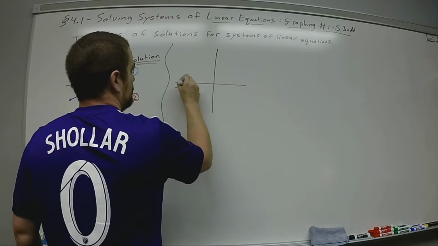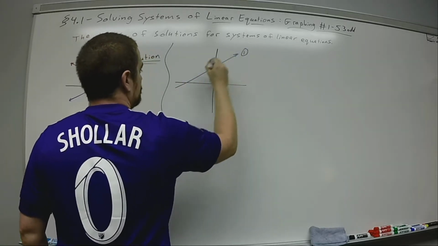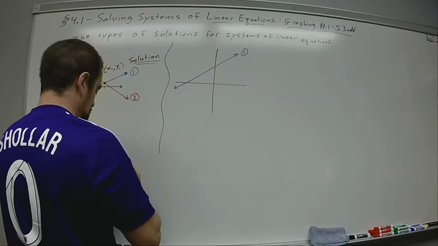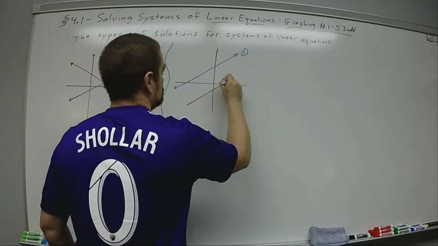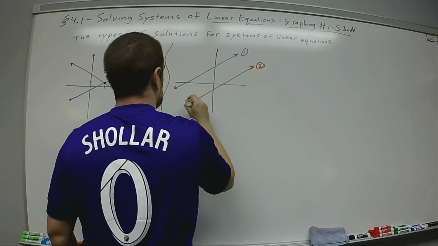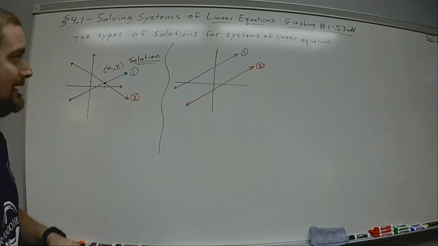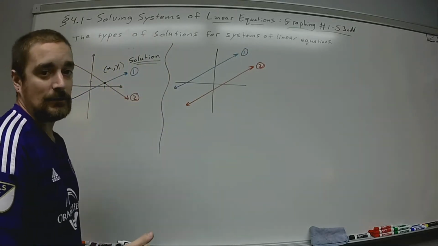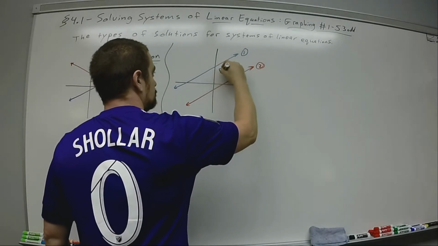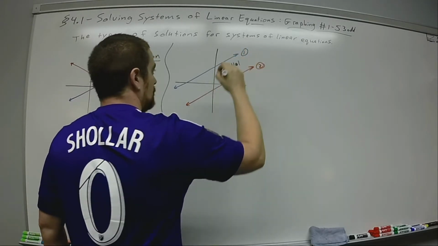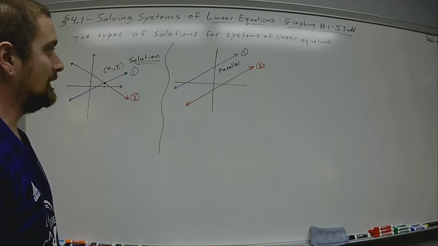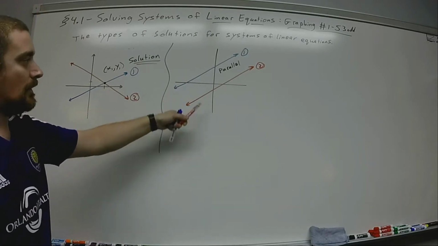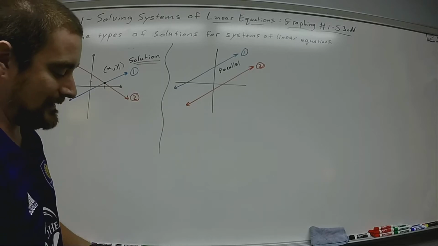Sometimes we may graph our first linear equation and then graph our second linear equation. And in this case, these two lines are parallel, meaning that they will never intersect, meaning that there is no ordered pair that solves one while simultaneously solving the other.